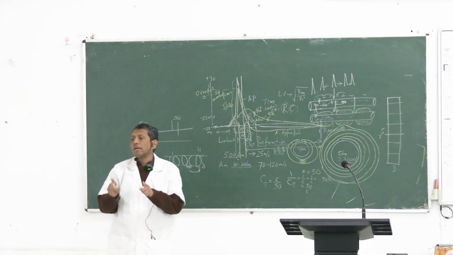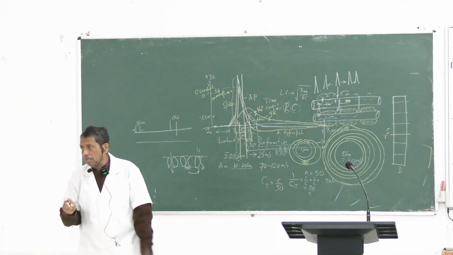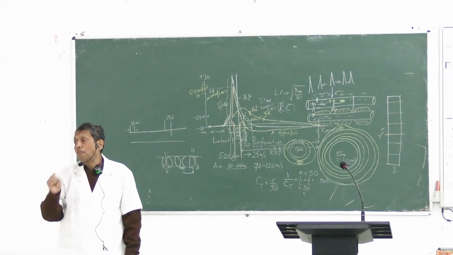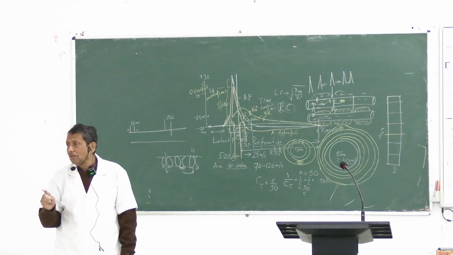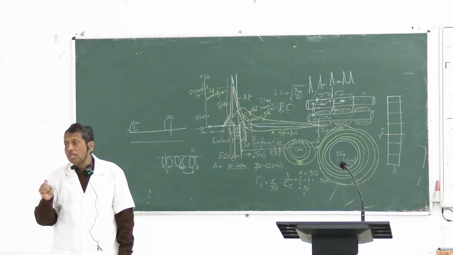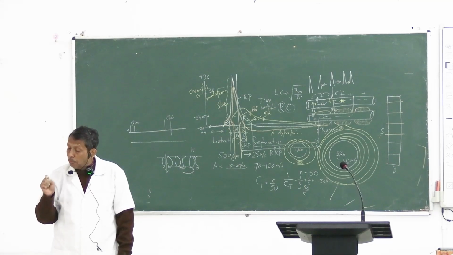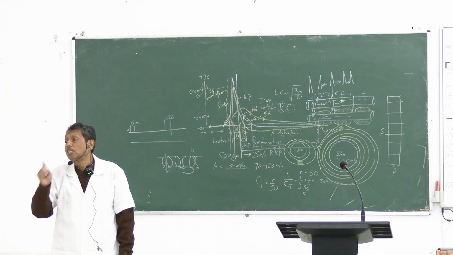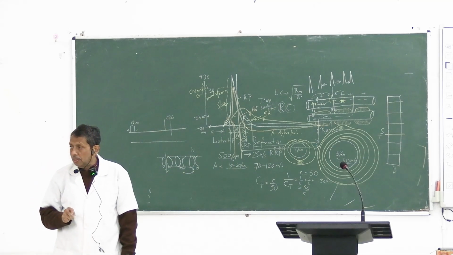So the initial part of the spike potential, from the firing level up to 1/3 of the repolarization, is the absolute refractory period. No stimulus, whatever may be the strength, can stimulate it within this period. Absolute refractoriness is due to the inactivated state of the majority of the sodium channels.